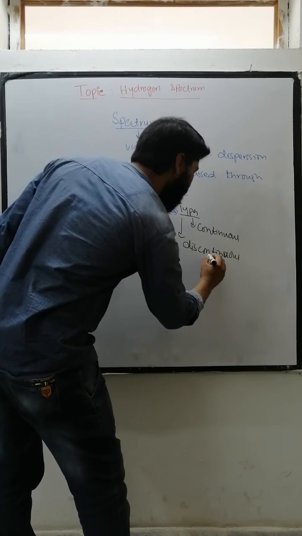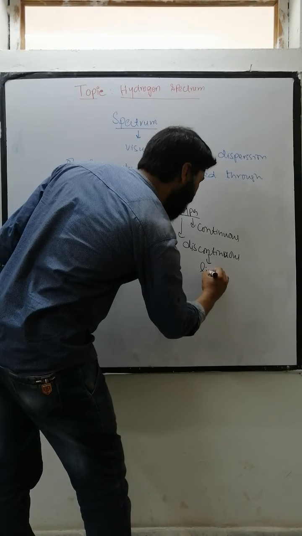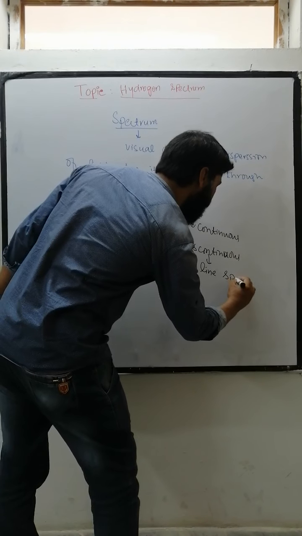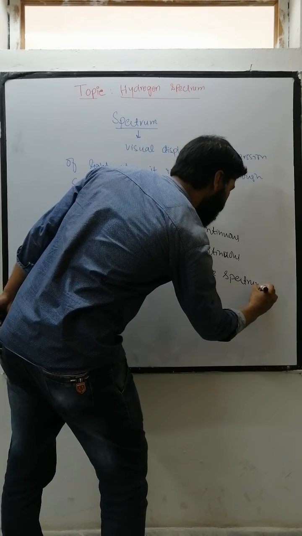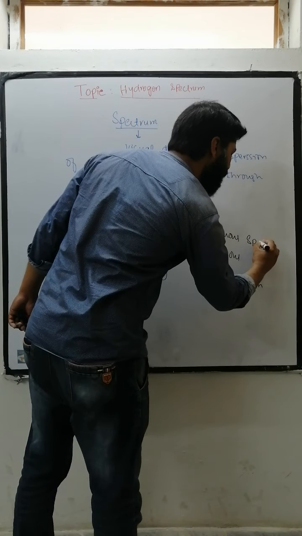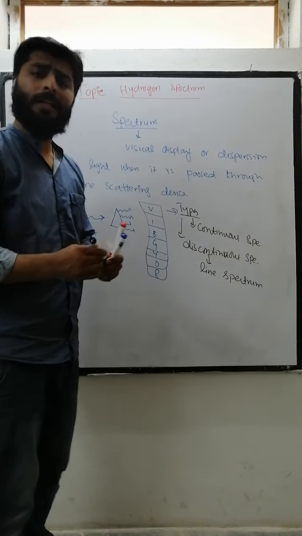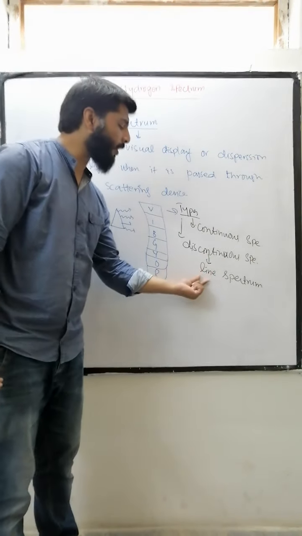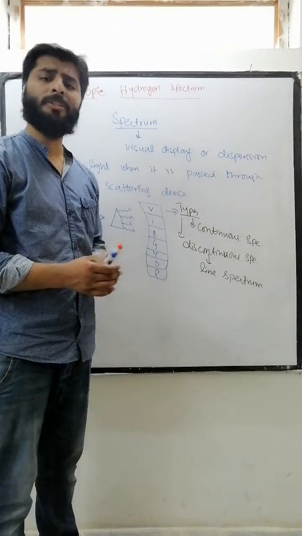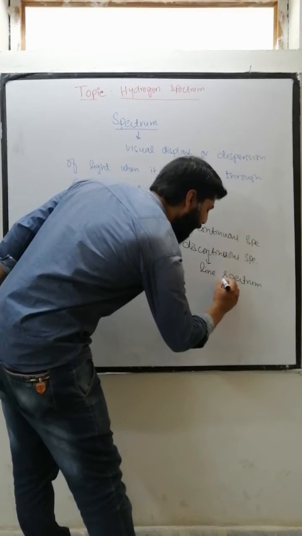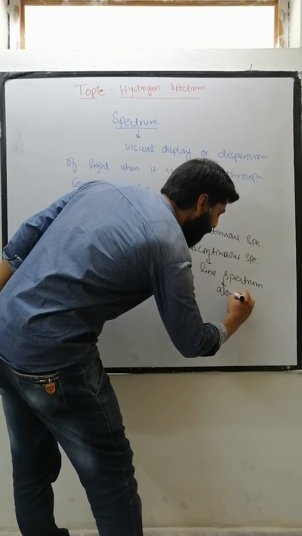This discontinuous pattern is also known as the line spectrum. It is continuous spectrum, it is discontinuous spectrum. This discontinuous spectrum is also known as line spectrum or atomic spectrum.